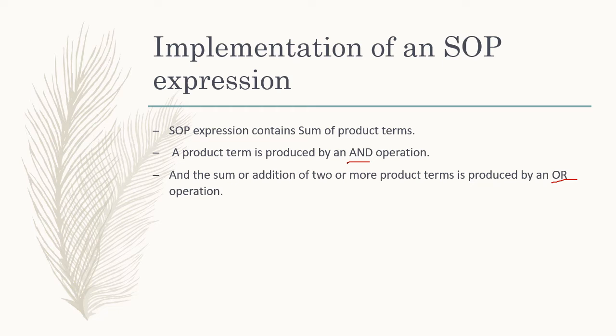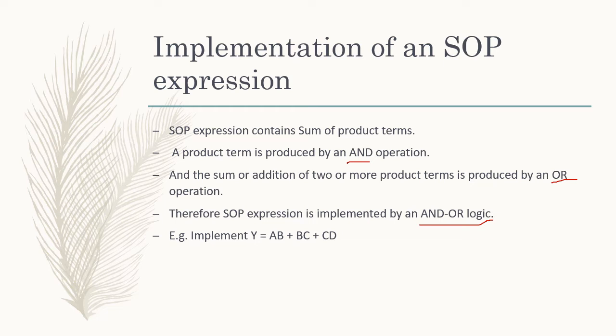The sum or addition of two or more product terms is produced by an OR operation. So that's why we can say that the SOP expression can be implemented by using AND-OR logic. If you are using AND-OR logic, then you can easily implement the SOP expression.